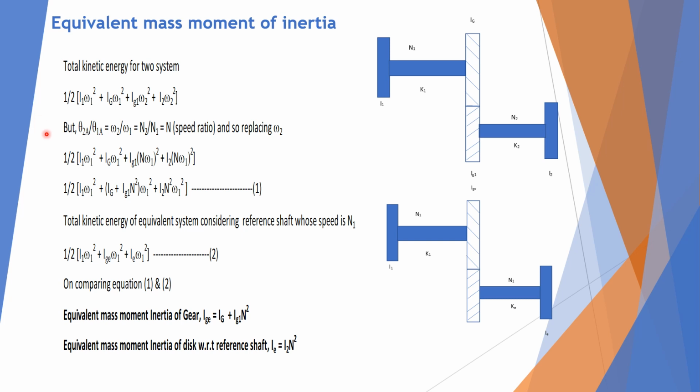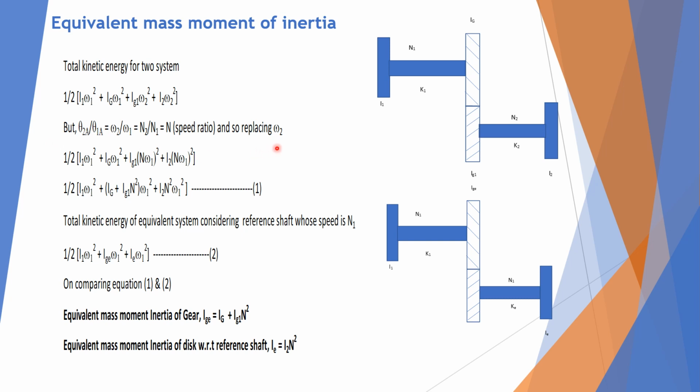But theta 2a upon theta 1a is equal to omega 2a upon omega 1a is equal to n2 by n1, which is equal to n, the speed ratio.